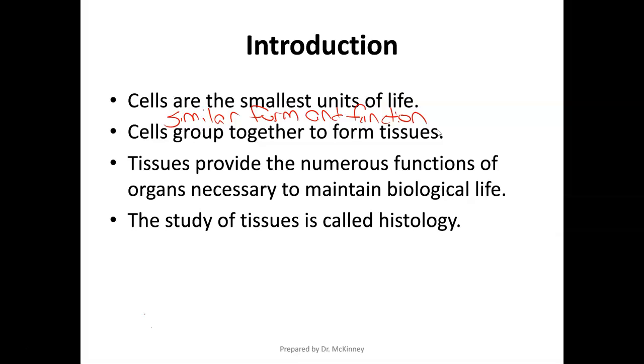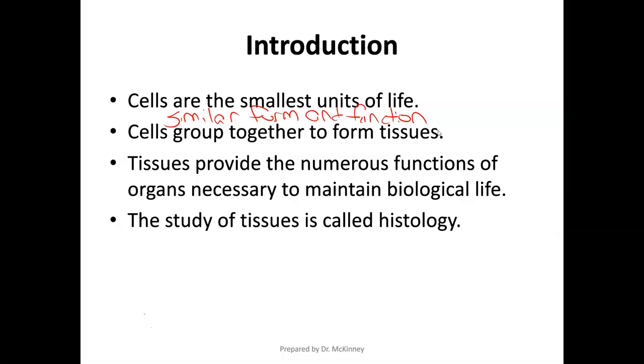So, and if you think about organs as the next level, you have several different tissues that come together to form an organ. But tissues will be the basic structure that will provide the structure of the organ and the function of the organ. And we also have tissues by themselves.